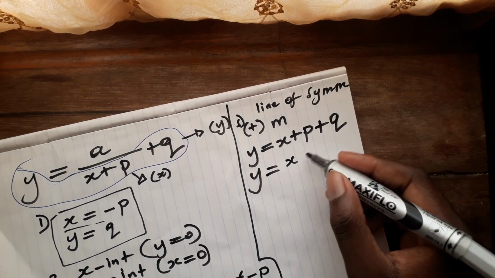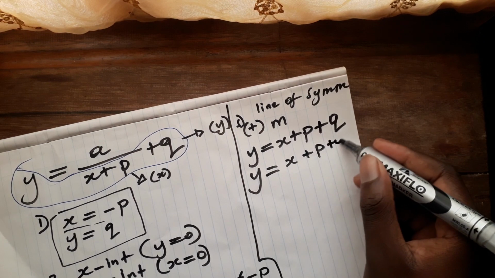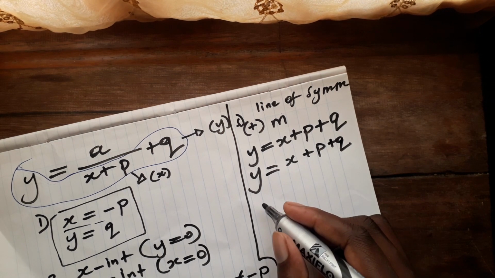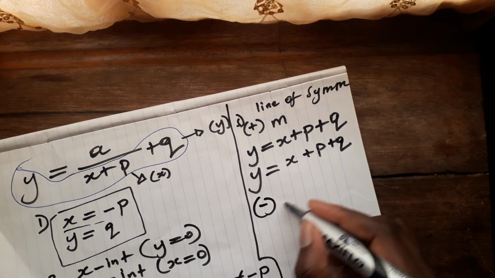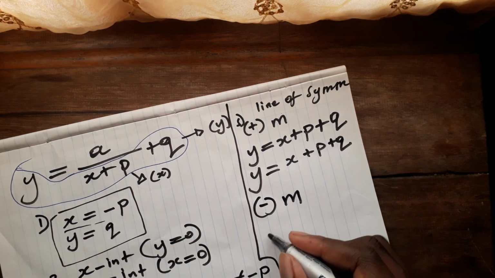If you have values, it means that these two are going to be added so that you can get your values here. Okay, the one with the negative gradient, you do the same thing, but you put a negative.